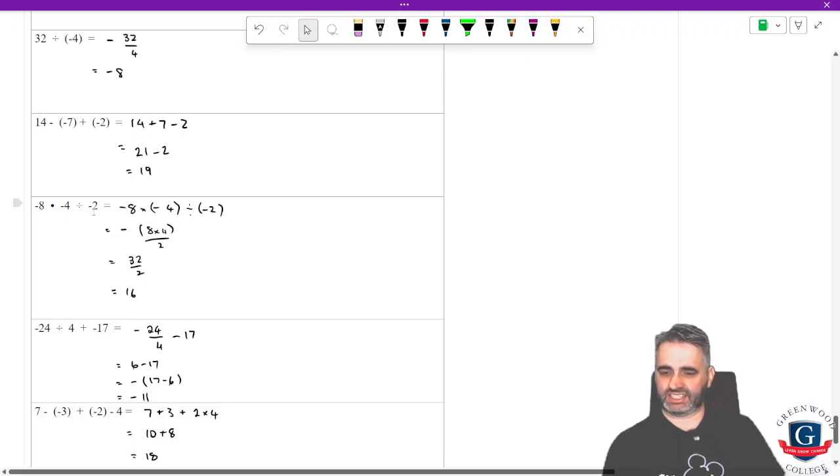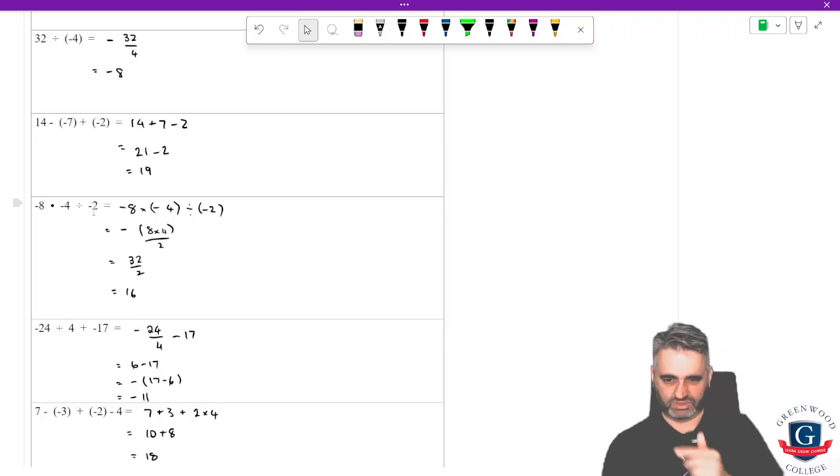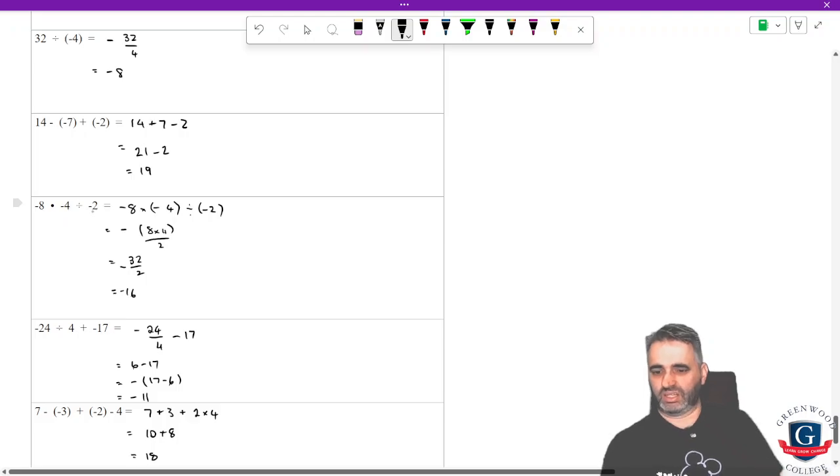And then divide the answer by minus 2. So you've got positive divided by negative, which will be negative. And it seems like I've lost the negative symbol when I've been doing this, so I better put it back. Minus, positive, negative, answer is going to be negative. So we end up with 8 fours are 32 divided by 2, which is minus 16.